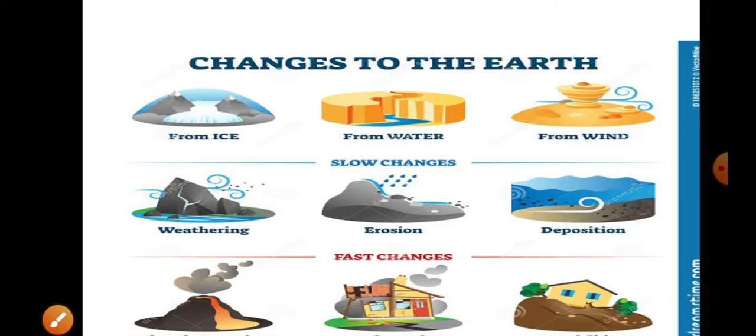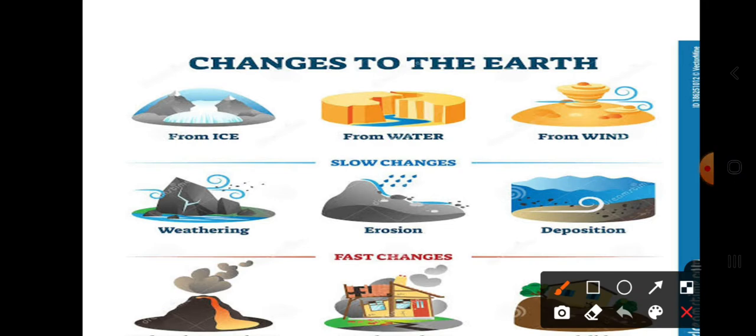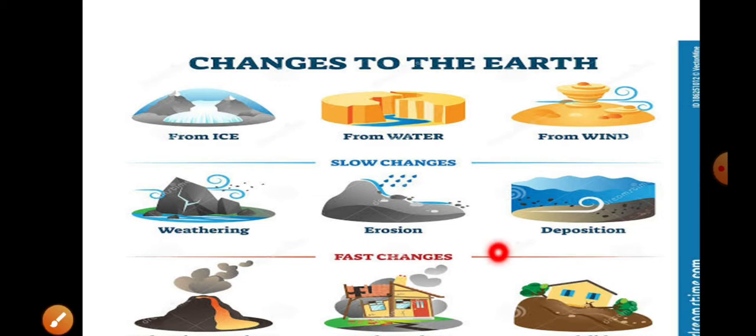Now some of the changes occurring on this earth, like formation of ice, formation of water, formation of wind, we can also classify as slow or fast changes. What we have just read, the weathering process, erosion process, and deposition process, take a lot of time to occur.